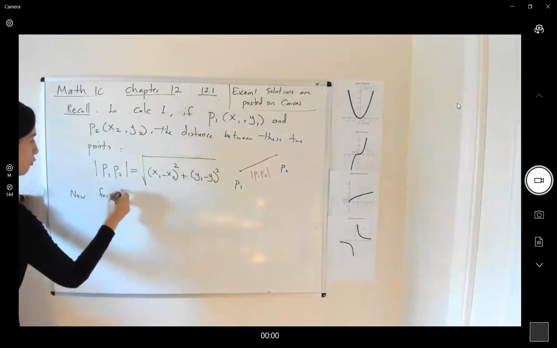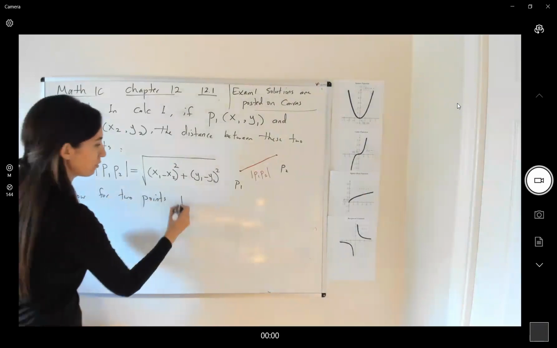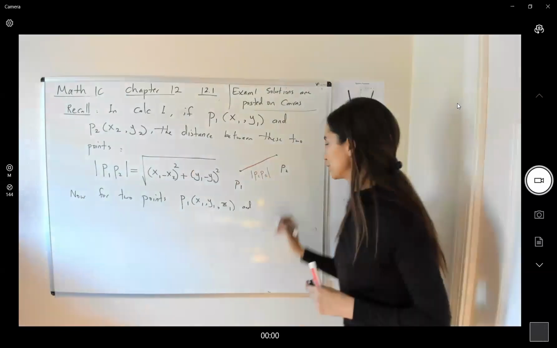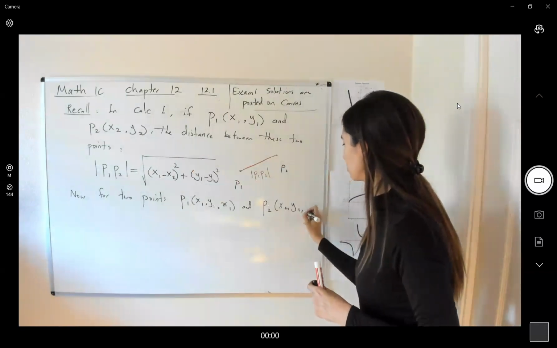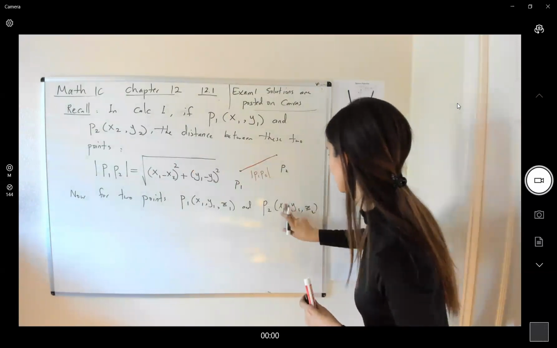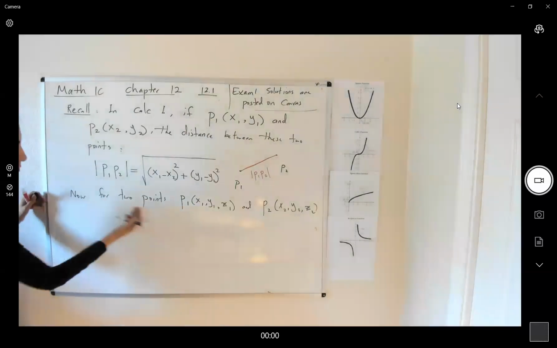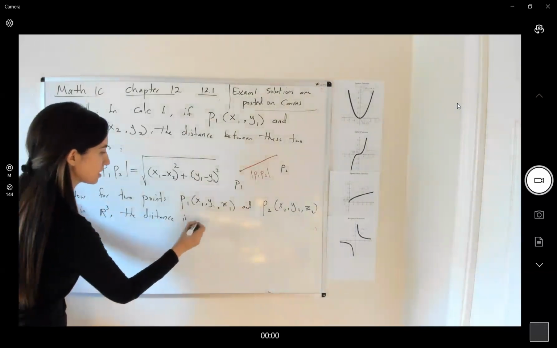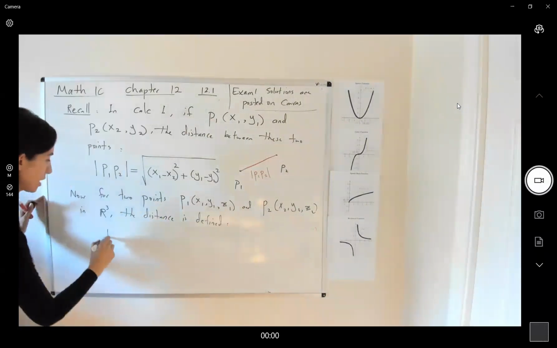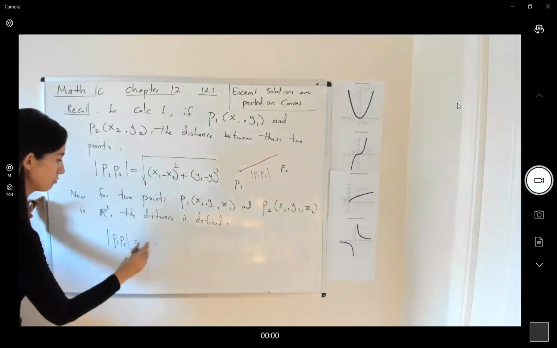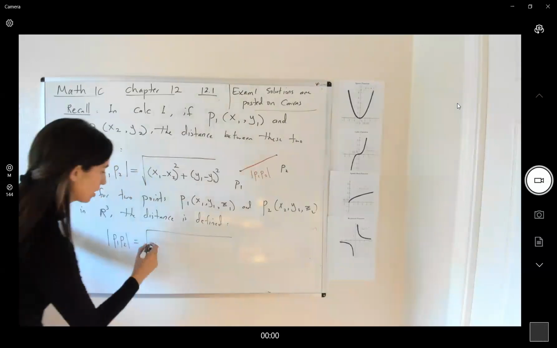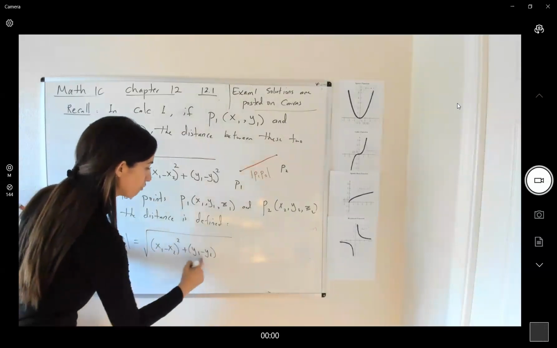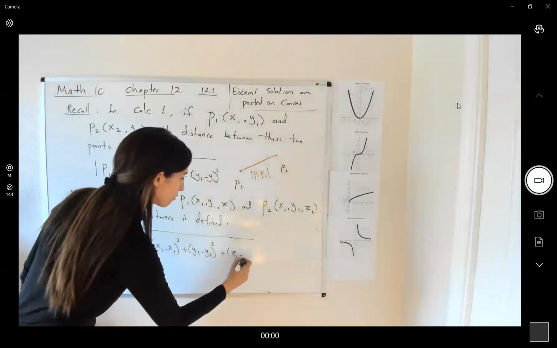Now, for 2 points, P1, x sub 1, y sub 1, and z sub 1, and the second point, P sub 2, x sub 2, y sub 2, and z sub 2, in 3-dimensional space, in R3, the distance is defined as, so the absolute value P1 P2, the same, square root of the difference in x values, x sub 1 minus x sub 2 squared, plus the difference in y values, y sub 1 minus y sub 2 squared, plus the difference in z values, z sub 1 minus z sub 2 squared.